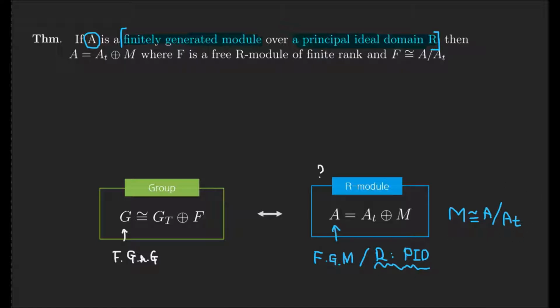This is the torsion submodule, and it looks like the group decomposition theorem, where F is isomorphic to G quotient of GT. So this relation is also analogous to that theorem.